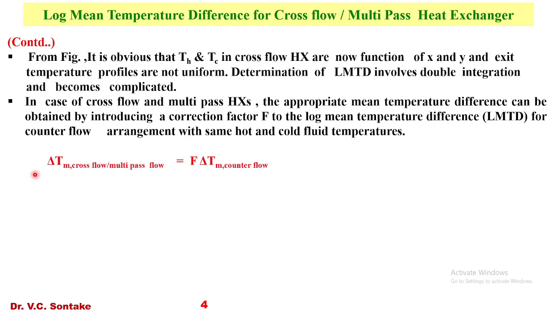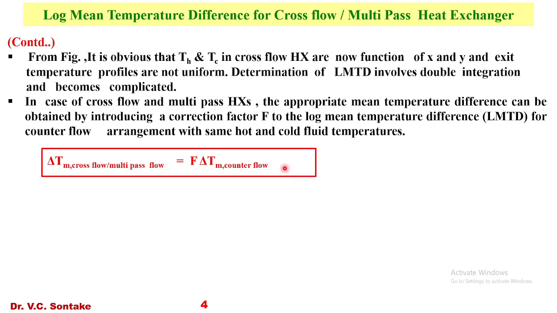So, in case of cross-flow or multi-pass heat exchanger, log mean temperature difference delta Tm will be equal to F into log mean temperature difference for counterflow. So, this expression forms the basis of log mean temperature difference for cross-flow or multi-pass heat exchanger.